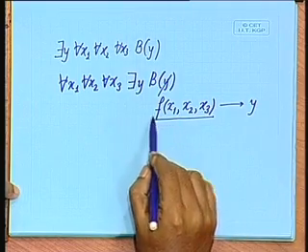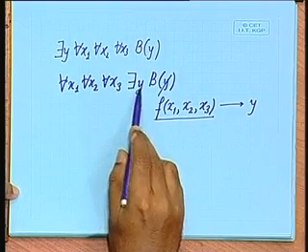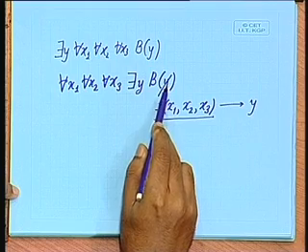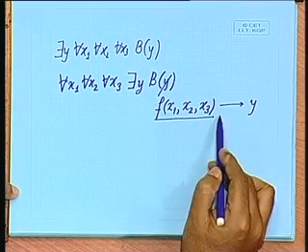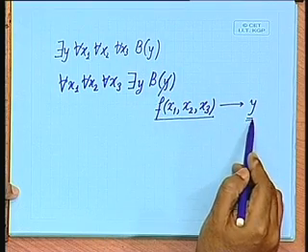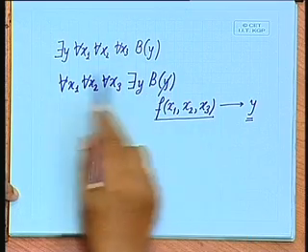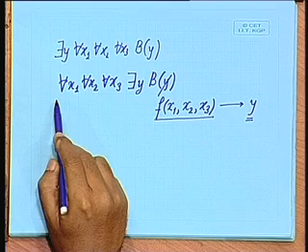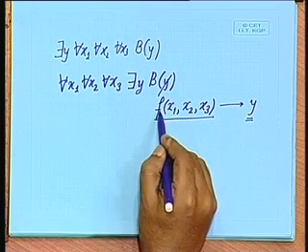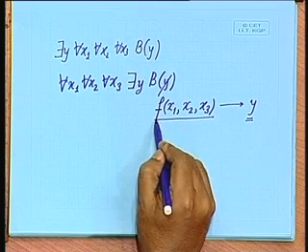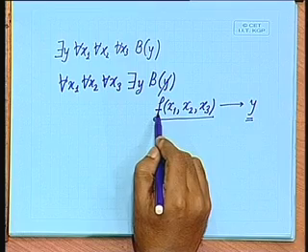Similarly, we are interested in finding out whether there exists any such y. So, if you are able to find a function which gives you one y for every combination of x1, x2, x3, then this formula is valid. It is a question of whether such a function exists.